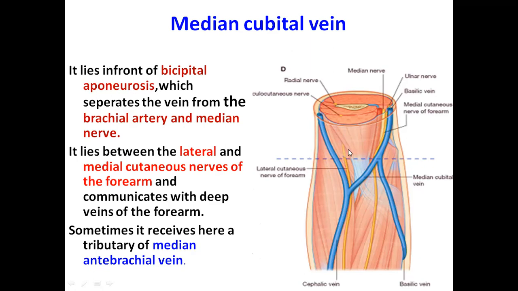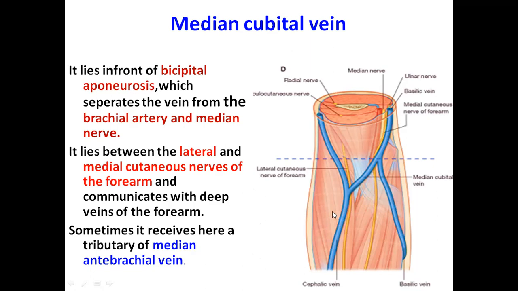So the bicipital aponeurosis is there, right in front of which you have the median cubital vein. This separates the vein from the brachial artery and also the median nerve.